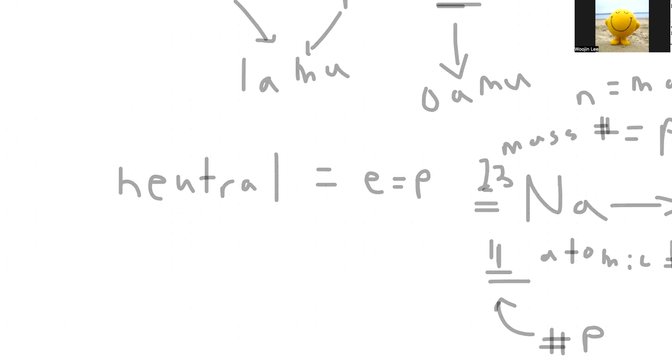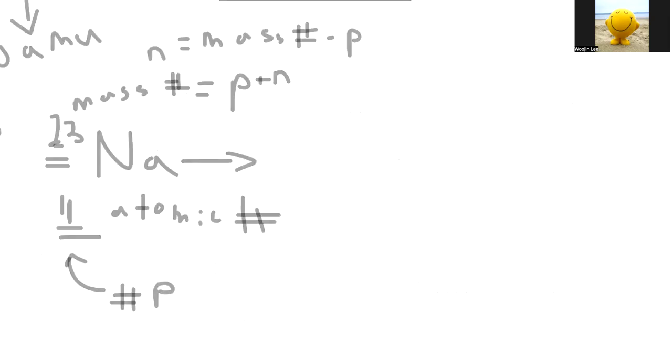So moving on to isotopes, because we just talked about that. All atoms of a given element have the same number of protons, but some atoms have more neutrons than other atoms of the same element and therefore have greater mass.